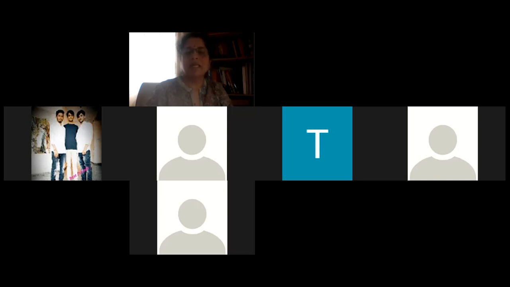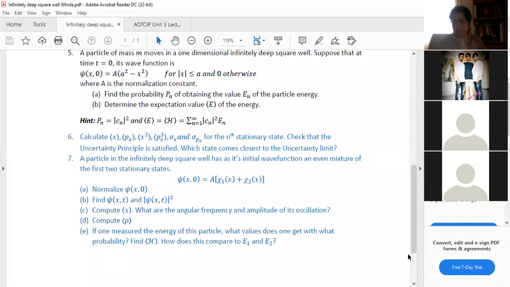So let's have a look at this particular file. Have a look at the last problem, please. Here we have an infinitely deep square well, and its initial wave function is an even mixture. What do I mean by an even mixture? The weight factors for both the states are the same.